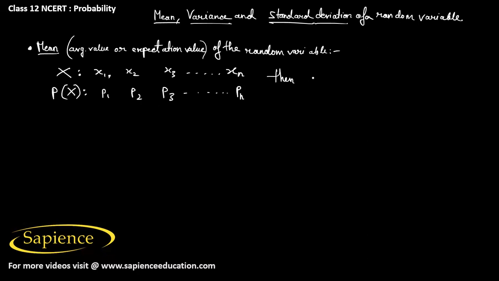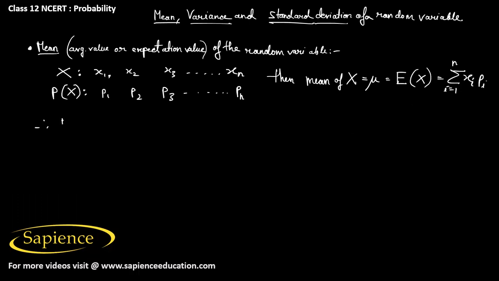Then the mean of the random variable x, also denoted by mu, or the expectation value of x, E of x, is given as summation of i goes from 1 to n of xi into pi.